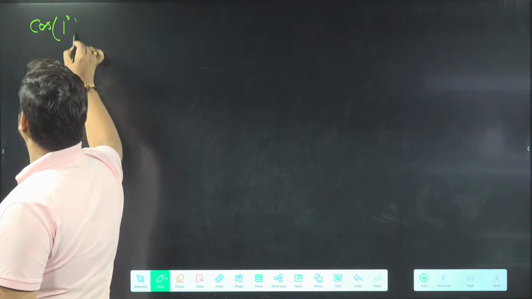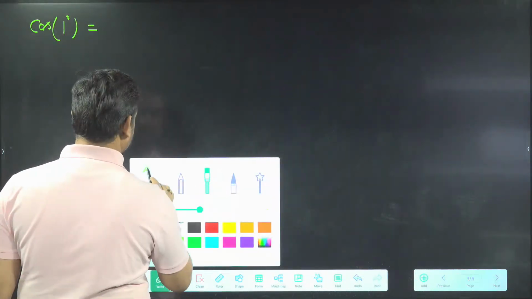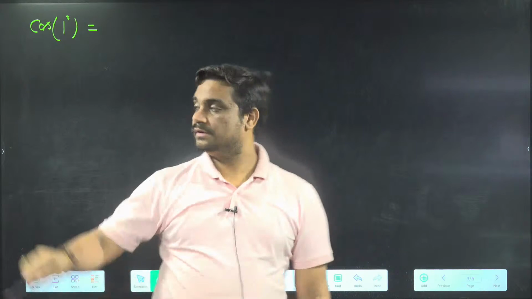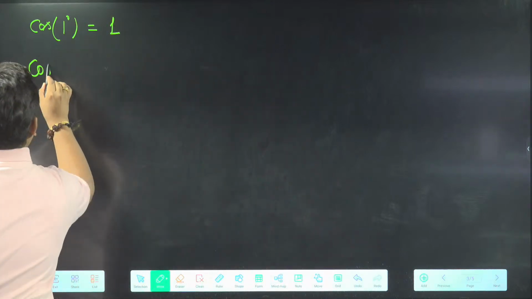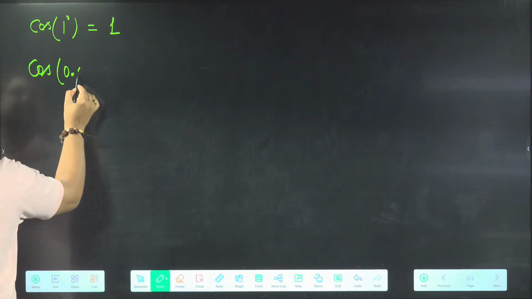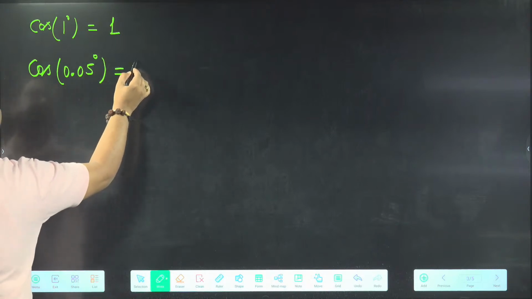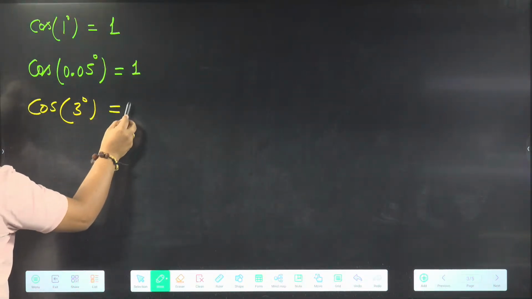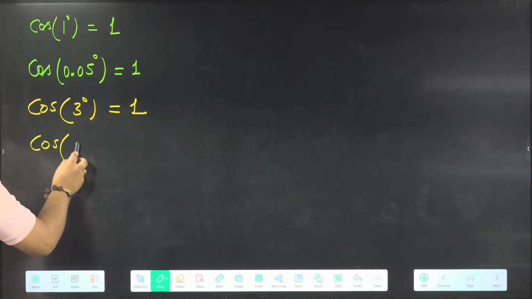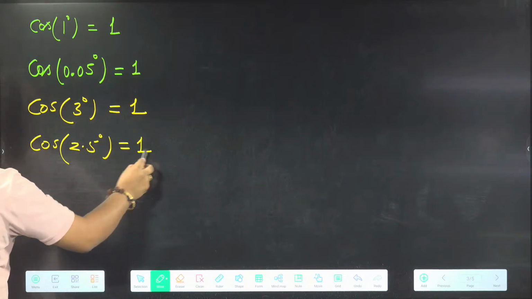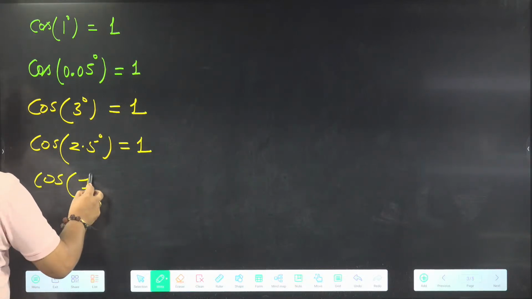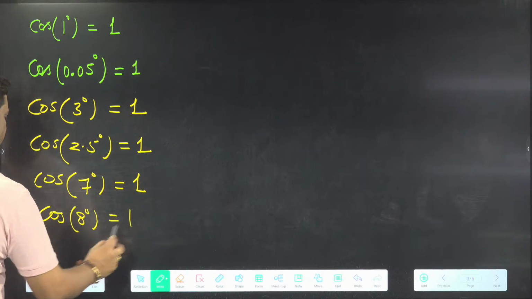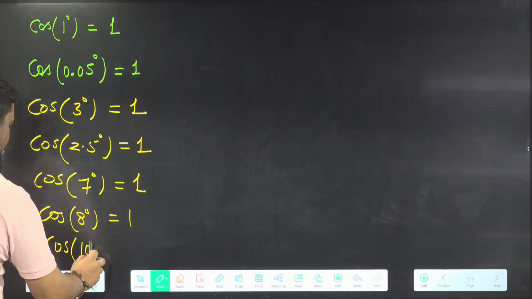Cos 1 degree, cos 0.05 degree, cos 3 degree, cos 2.5 degree, cos 7 degree, cos 8 degree, cos 10 degree, all equal 1.